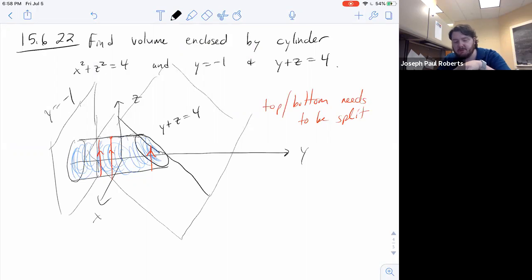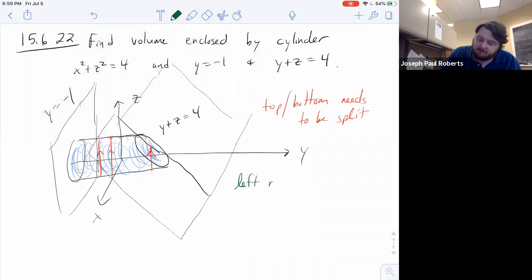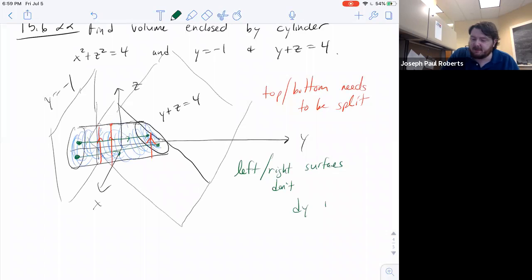For other y values, you start on the cylinder and stop at the plane, but we don't want to do that. So top bottom needs to be split, but left right surfaces don't, because it looks like the left surface is always y equals -1, and the right surface is always y plus z equals 4. So basically, what that means is that we're going to want to put dy on the inside.